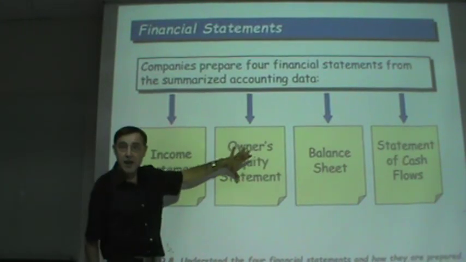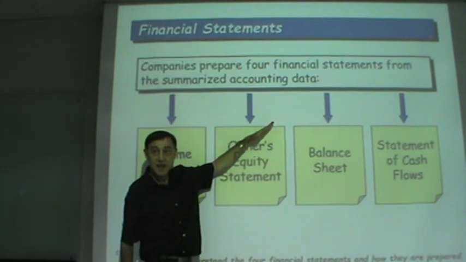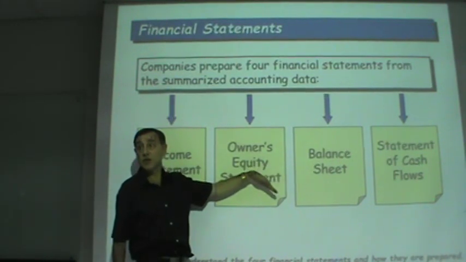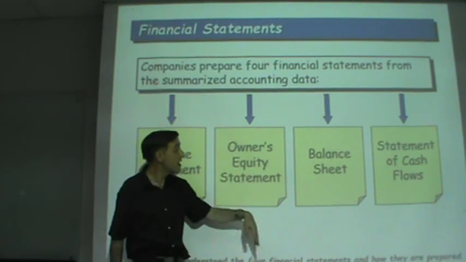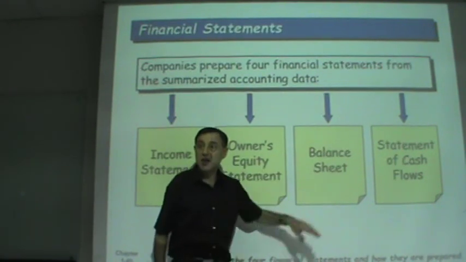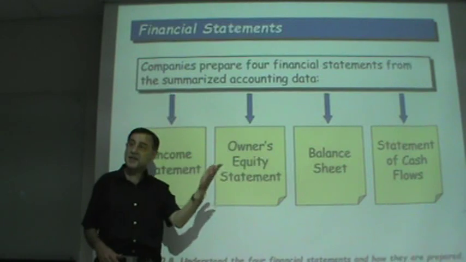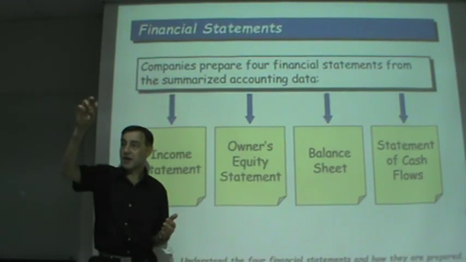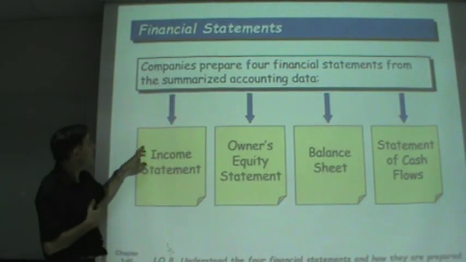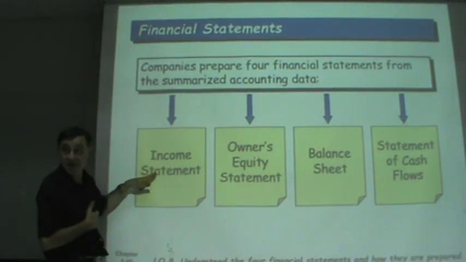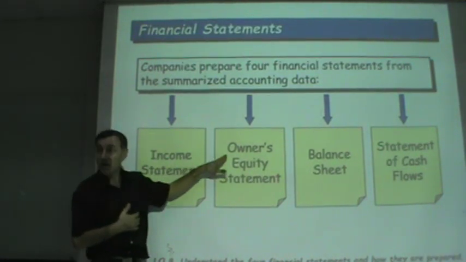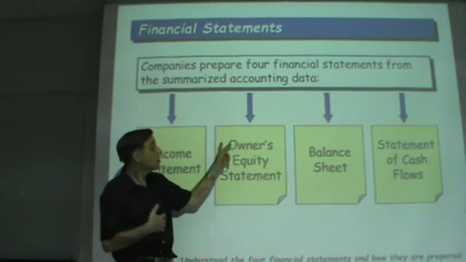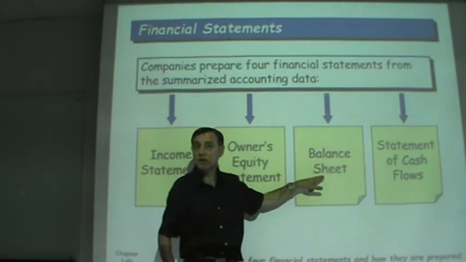The owner's equity is about expenses, revenues, investments, and withdrawals. The balance sheet is about assets, liabilities, and owner's equity. So, you need revenues and expenses to prepare the equity. You need the equity to prepare the balance sheet.